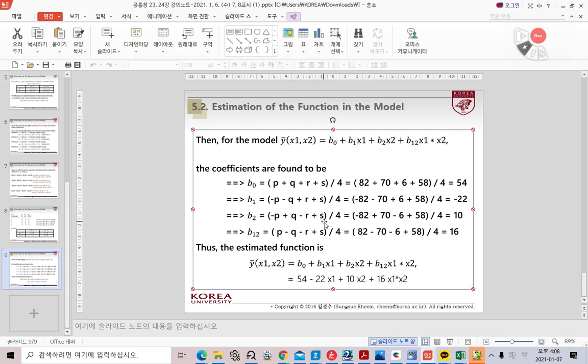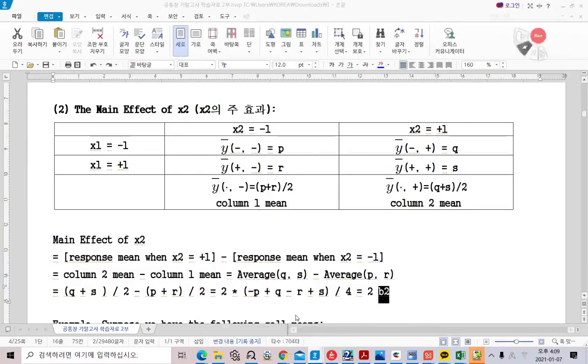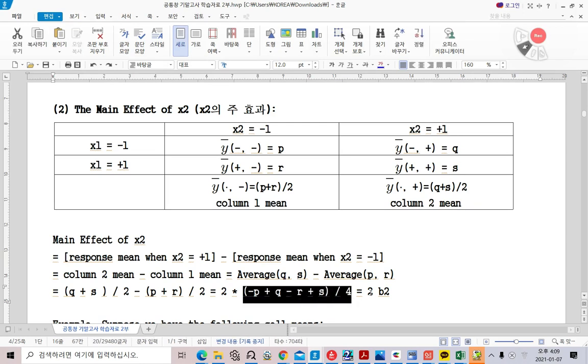Translation. PQRS 앞에 붙은 그 사인들, 부호들을 보세요. Negative, positive, negative, positive. Okay, here. Okay, negative, positive, negative, positive. So this is B2. So it is 2 times B2.